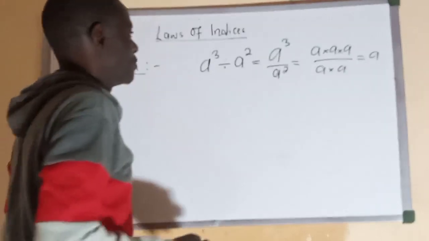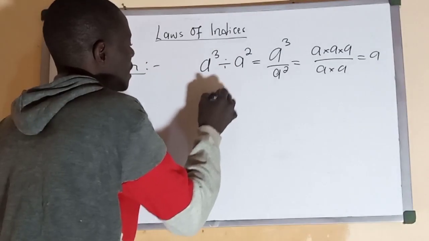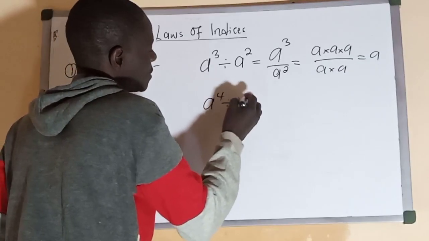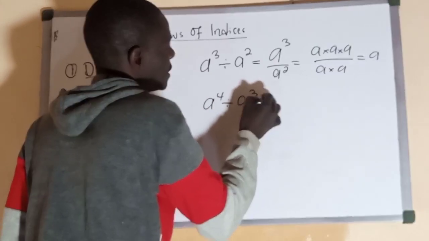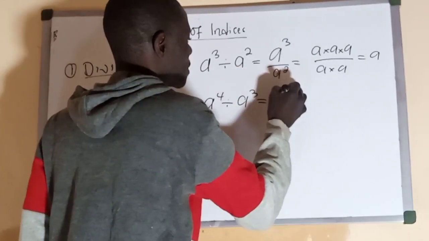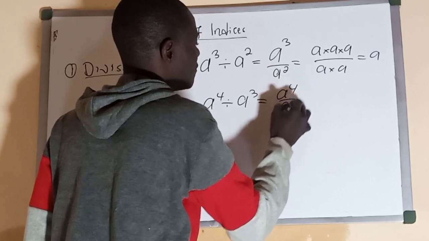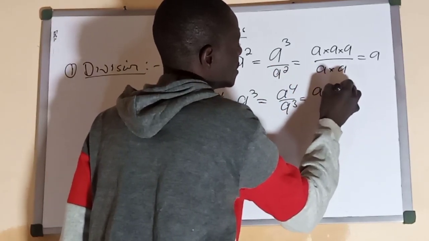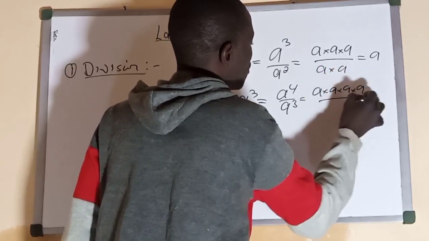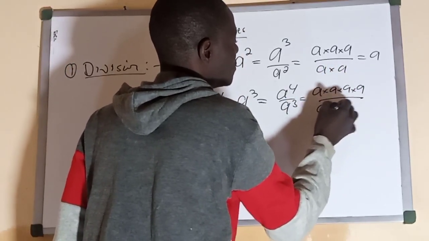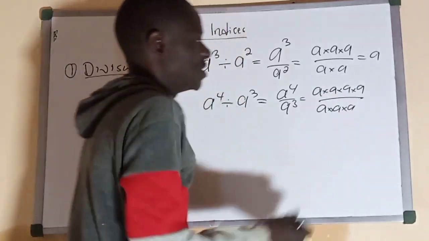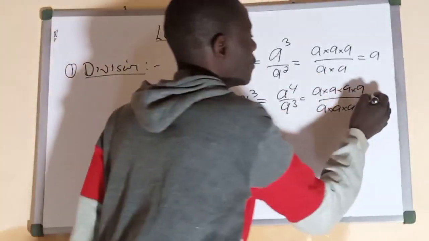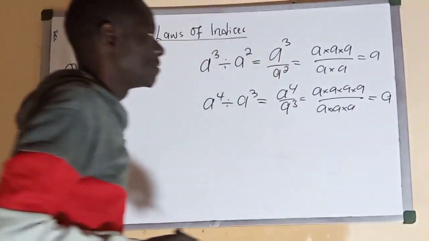So let us have another example. a power 4 divided by a power 3 is a power 4 all over a power 3, which is equal to a times a times a times a all over a times a times a. You see that 3 a's cancel 3 a's, and we are going to have a.